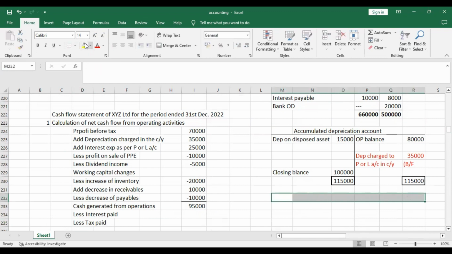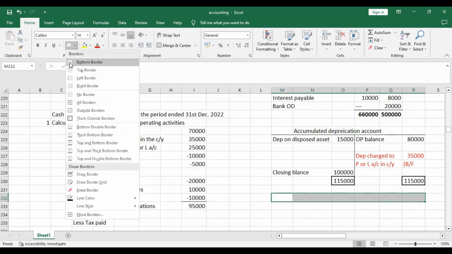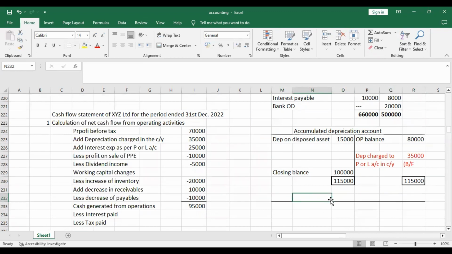So how to identify interest paid? If you prepare the interest payable account, it is a liability account, so the opening balance will be on the credit side.